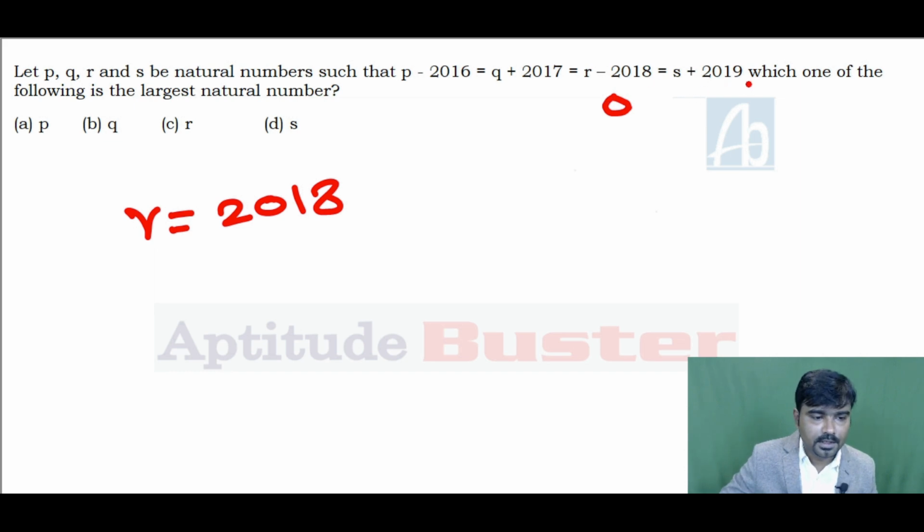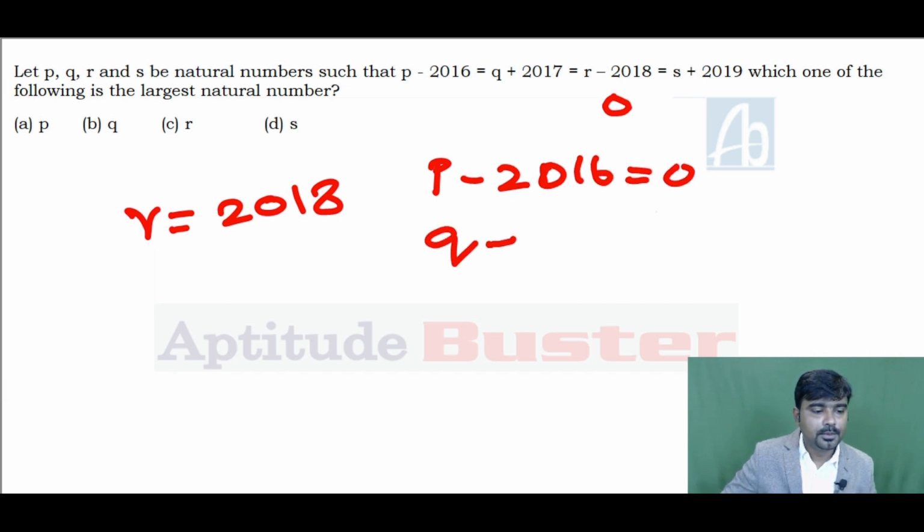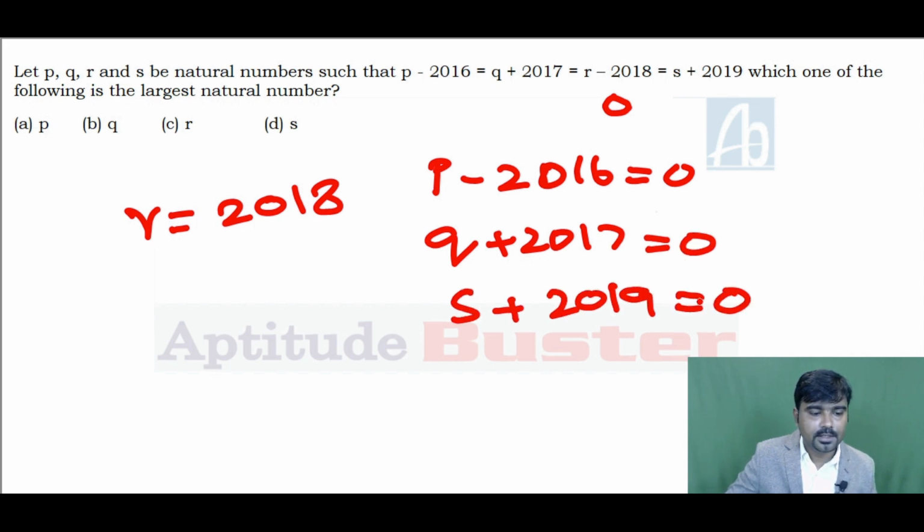Once this is equal to 0, all the expressions equal 0: p minus 2016 is equal to 0, q plus 2017 is equal to 0, s plus 2019 is equal to 0.